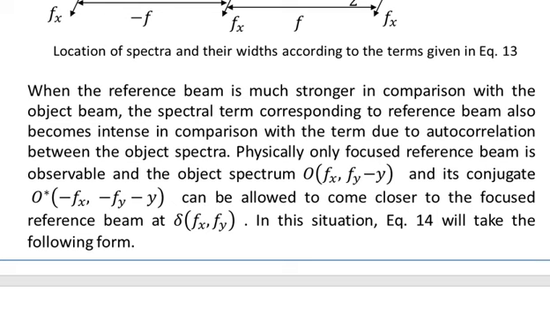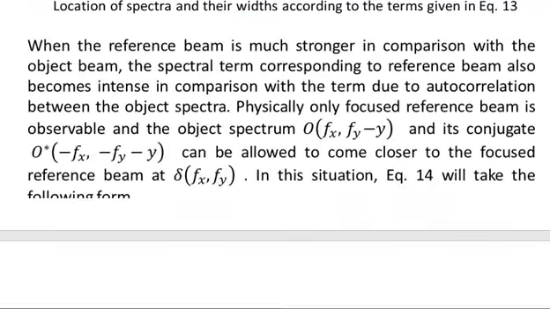Physically, only the focused reference beam is observable, and the object spectra, that is O as a function of fx comma fy minus f, and its conjugate, which is O star at the coordinates minus fx comma minus fy minus f, can be allowed to come closer to the focused reference beam at delta of fx comma fy. In this situation, equation number 14 can take the following form.